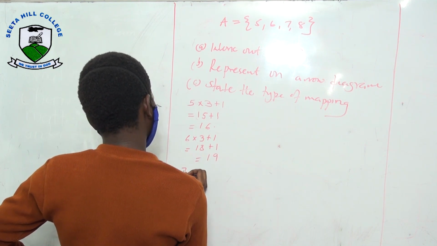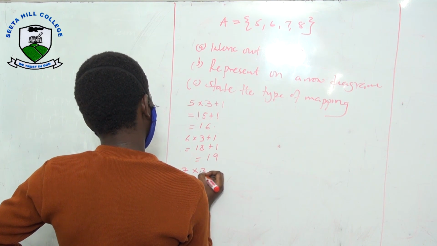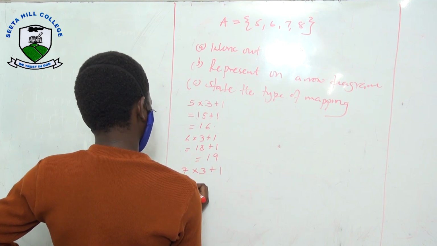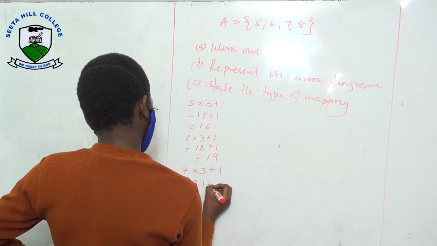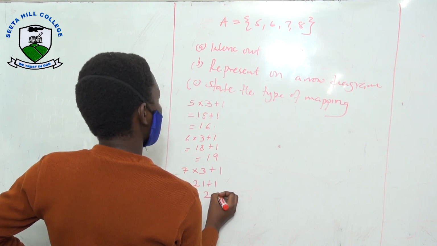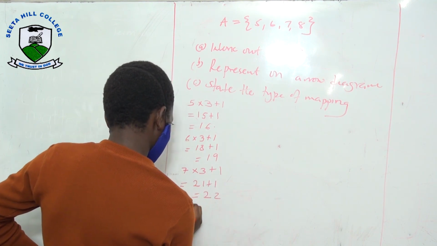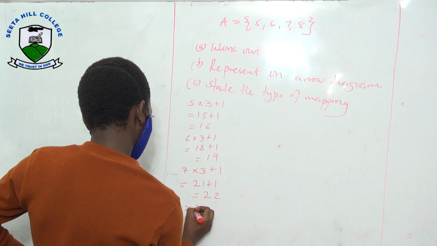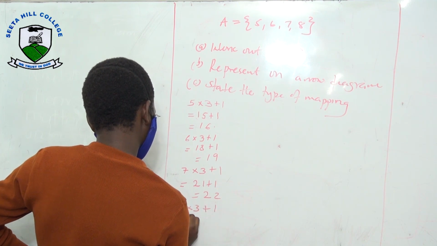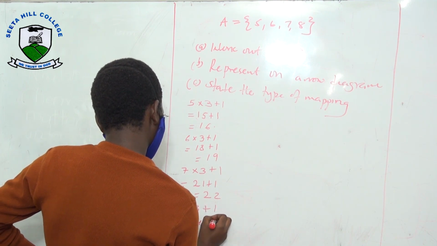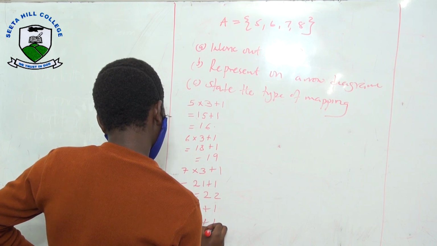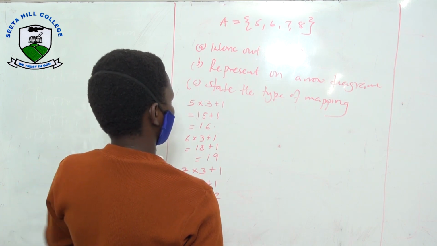Then we shall get 7 times 3 plus 1 equals 21 plus 1 equals 22. Then 8 times 3 plus 1, which equals 24 plus 1, which equals 25.